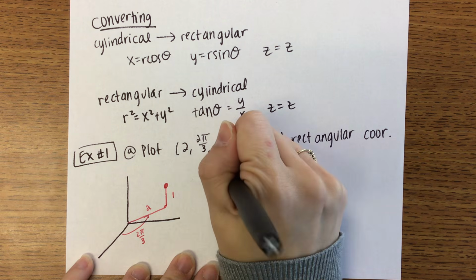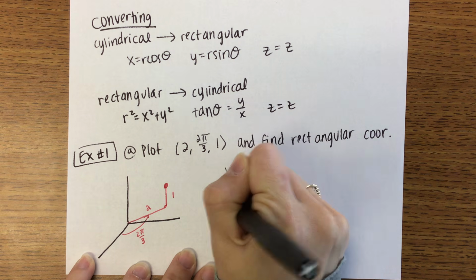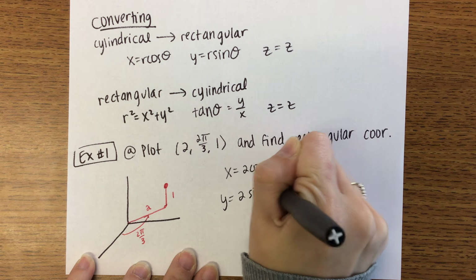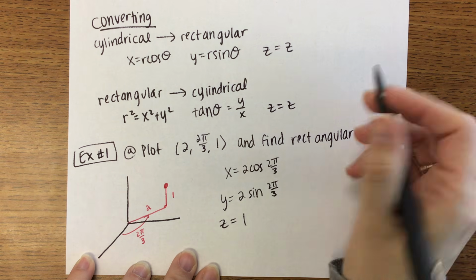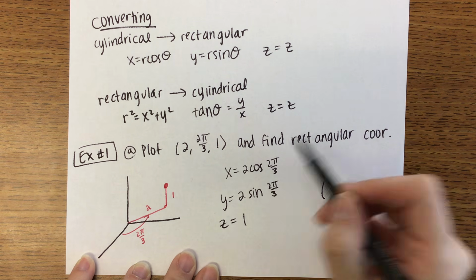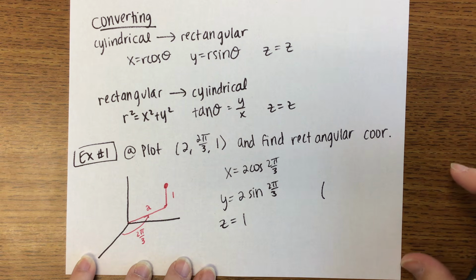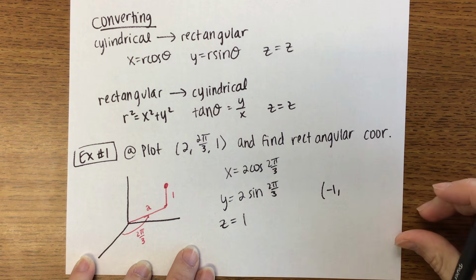So rectangular coordinates then, x is going to be r cosine of theta. Y is going to be r sine of theta. And z is just z. Cosine of 2 pi over 3 is negative 1/2, so multiply by 2 will give us negative 1.